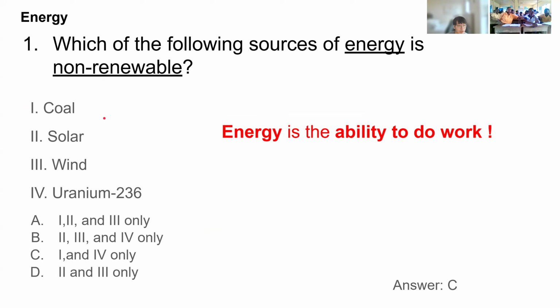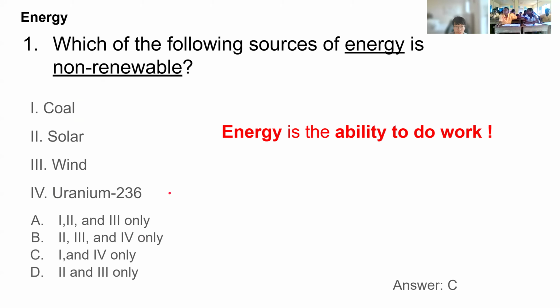If you think about it, coal is non-renewable energy. Coal cannot be used again once it is used up and released as carbon dioxide into the air. Coal is not usable anymore.